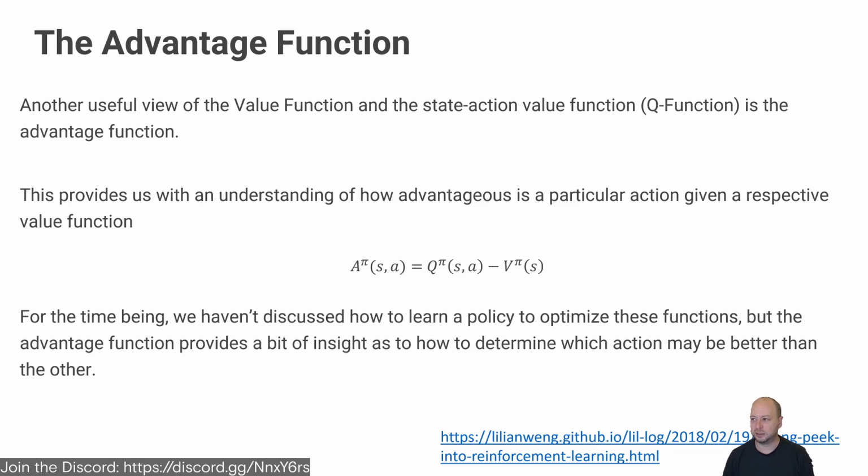So one last function we'll talk about before we take a look at an MDP and explore it a little bit is the advantage function. The advantage function, stated simply, is the value of taking a particular action over the value of being in a particular state. So it's like saying, hey, we're in this state.